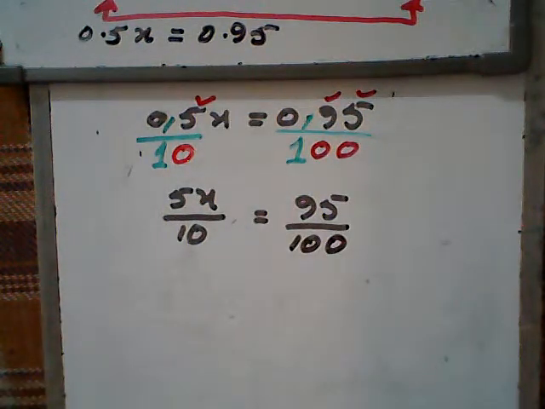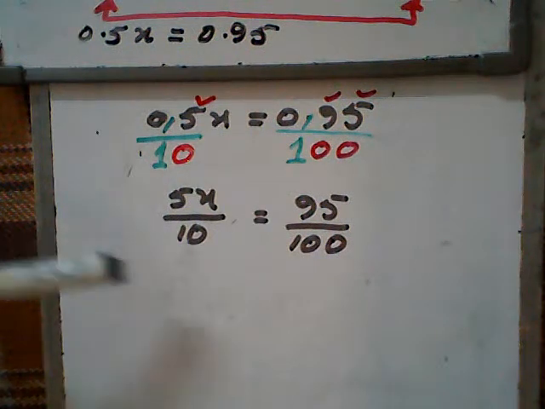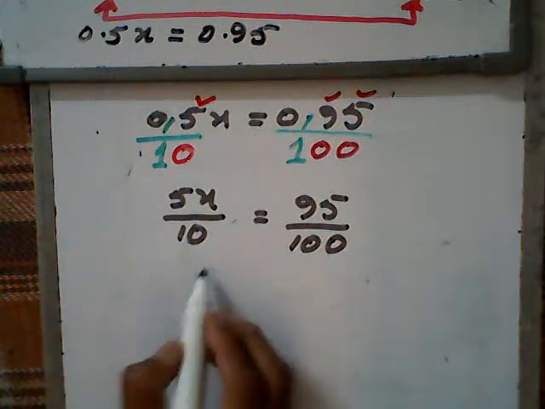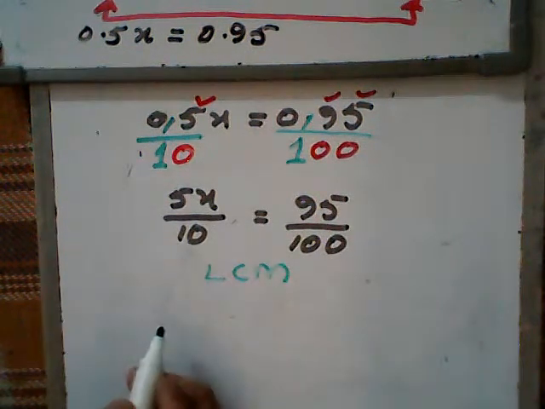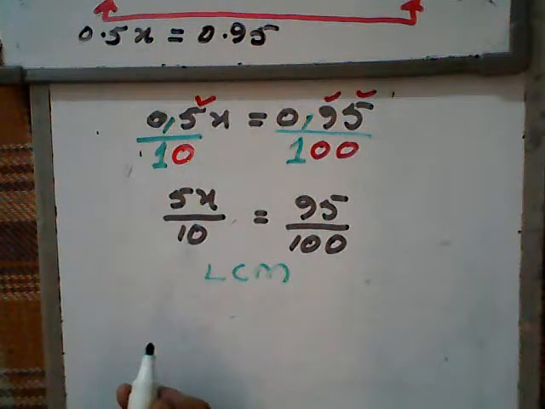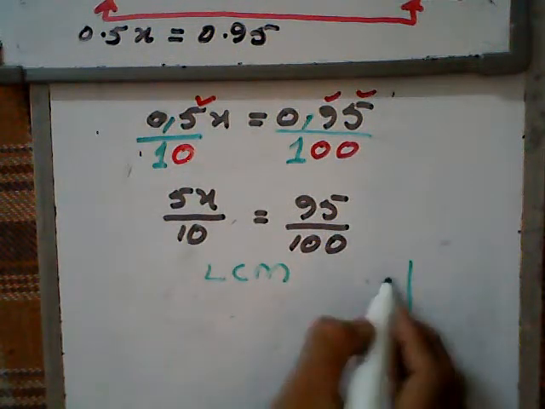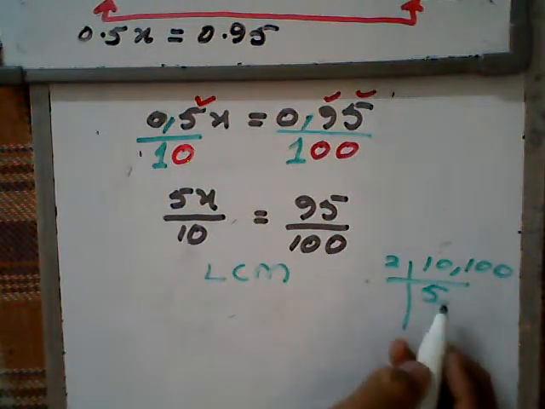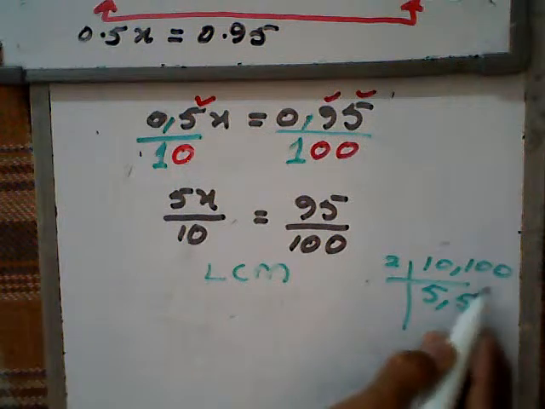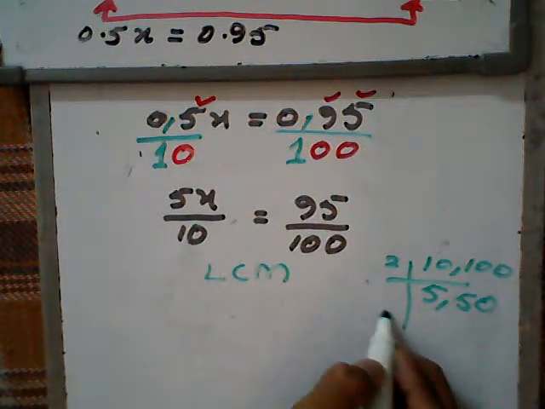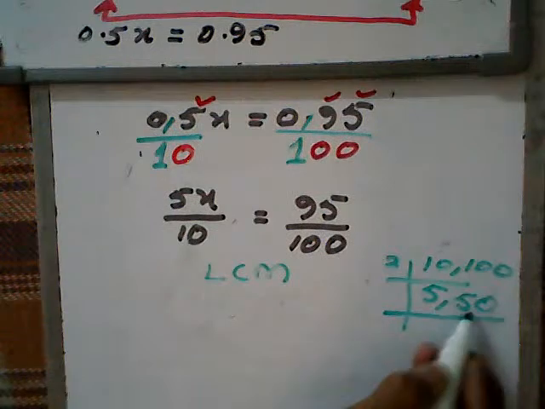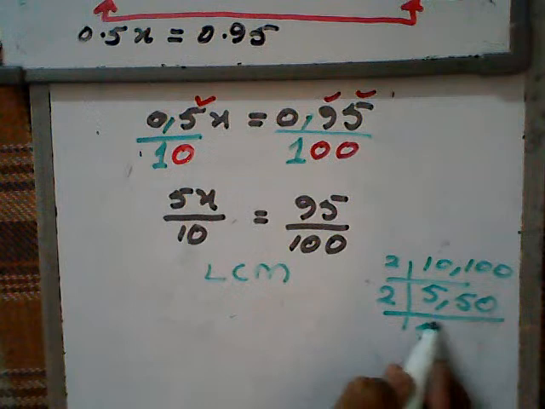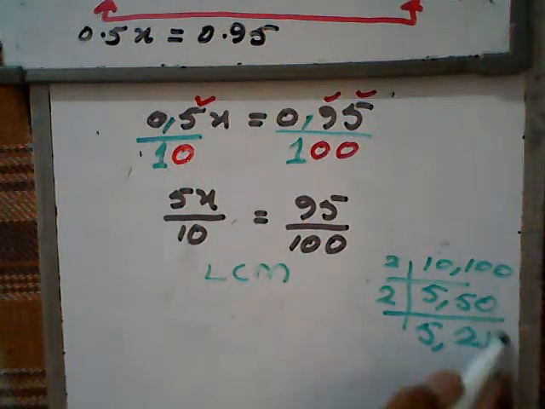Now we can see that there is no decimal point, but there is a fraction, and with fractions we need to go for the LCM. How do we find the LCM? Let's check the LCM of 10 and 100. 2 5s are 10, 2 5s are 10, and the zeros remain the same. This can still be divided by the table of 2, so 2, it cannot be simplified further, so it remains the same and it becomes 25.